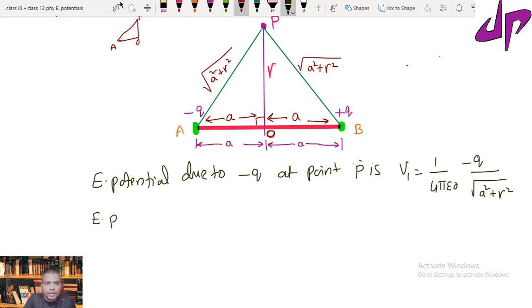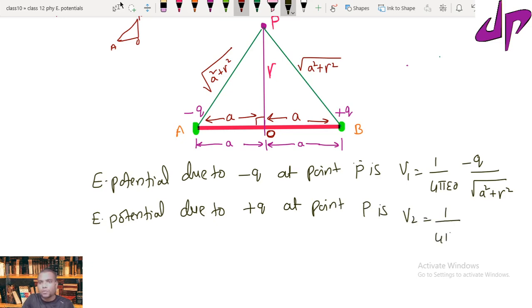Similarly, you can write the electric potential due to plus Q charge at point P as V2 equal to 1 over 4 pi epsilon naught, plus Q upon the square root of A square plus R square.